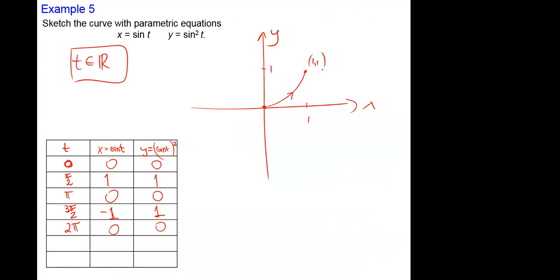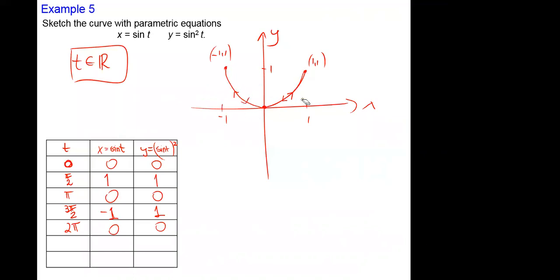This is point 1, 1. And what is happening from 1, 1? I have to get back to 0, 0. And then negative 1, 1. And from negative 1, 1 to 0, 0.